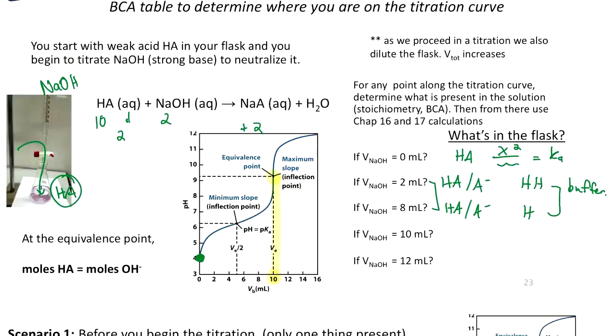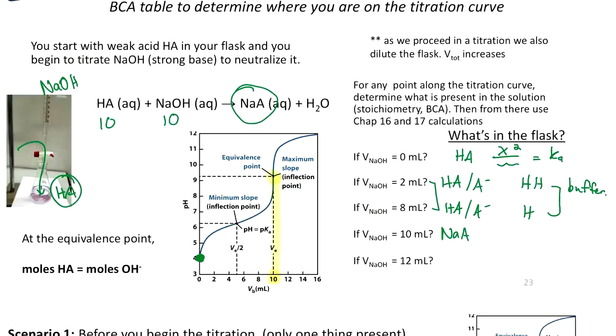So let's say at 10 milliliters of base added, we started with 10 milliliters of HA and now we have 10 milliliters of sodium hydroxide. Those two things fully react. Hopefully in your head, do the BCA table with those amounts. What's present in your beaker at the equivalence point once you've added the same mole amounts of sodium hydroxide? You've converted everything into NaA. What is NaA?